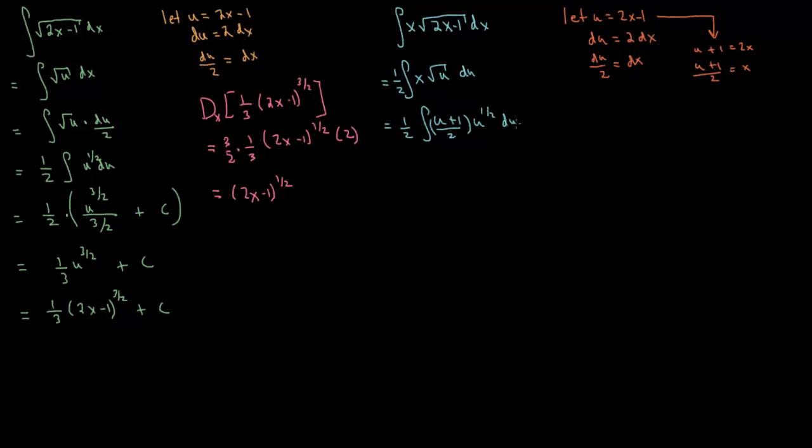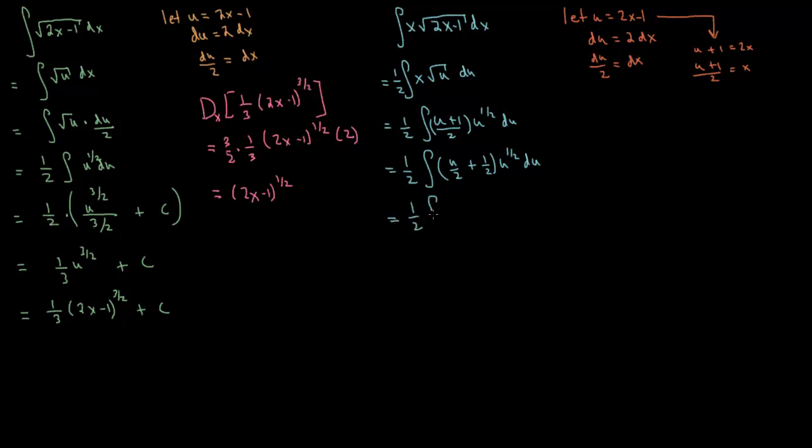Now you might say to yourself, that doesn't look any better at all, but I think we can use some basic rules of exponents to make this look a lot better. We have 1/2 out front. Can't lose that. Now, we can break this apart into two fractions. We could say that is like u over 2 plus 1/2 times u to the 1/2 du still.